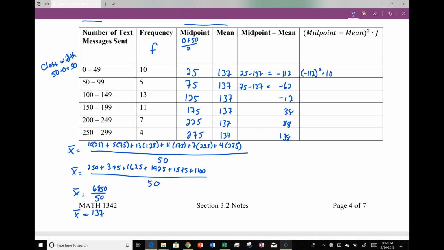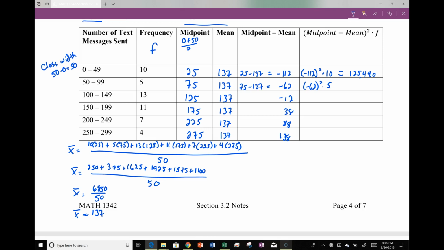So negative 112 squared, that means negative 112 times negative 112, that gives me a positive value because I took negative times negative, and 112 times 112 is 12,544. Multiply that by 10 and I get 125,440. I'm going to do the same thing with these next ones. Negative 62 squared times its frequency.